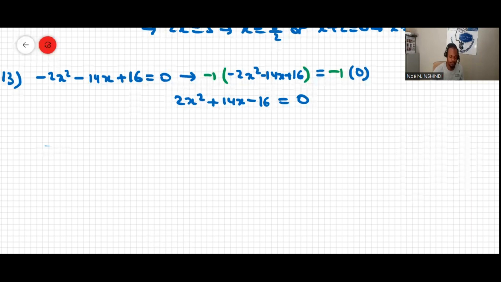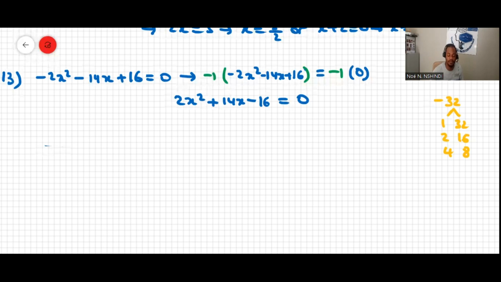Now we do 2 times negative 16, that makes negative 32. That makes 1 and 32, 2 and 16, 4 and 8. Then we continue this way, and we see which factors will make a sum equal to 14.